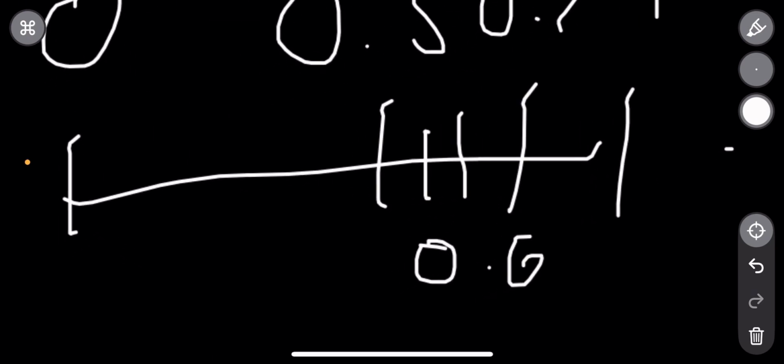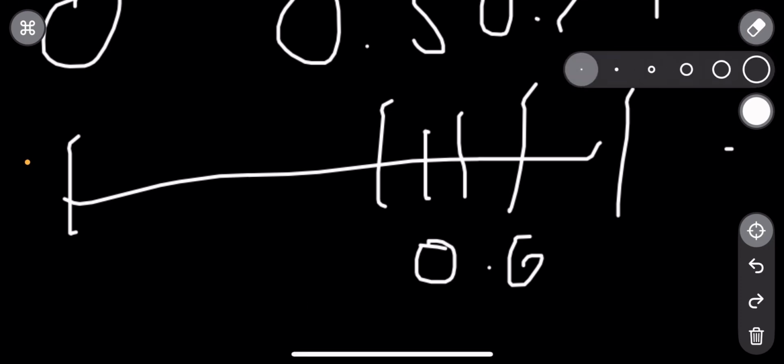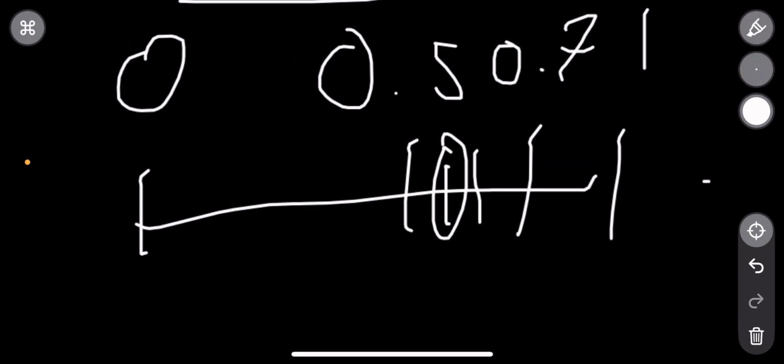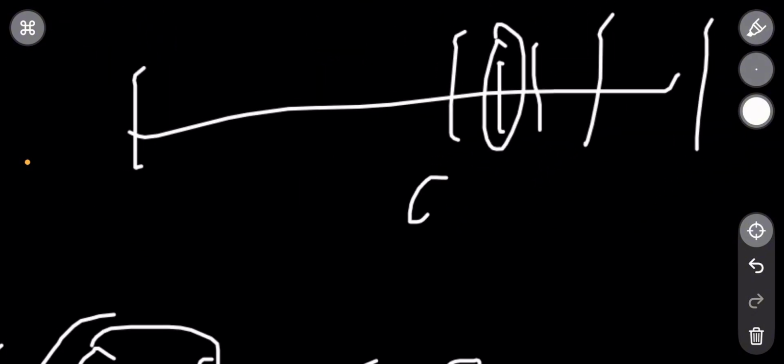What would this be? Okay. Let me get rid of the 0.6. Hold on. Okay. So what would this one right here be? It's in between 0.5 and 0.6. Okay. So if it's after 0.5, it's going to be 0.5. But then it's after, we need another number.